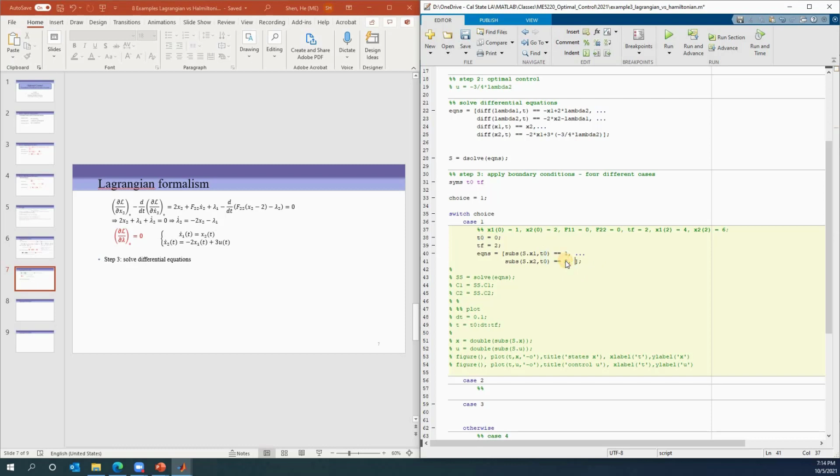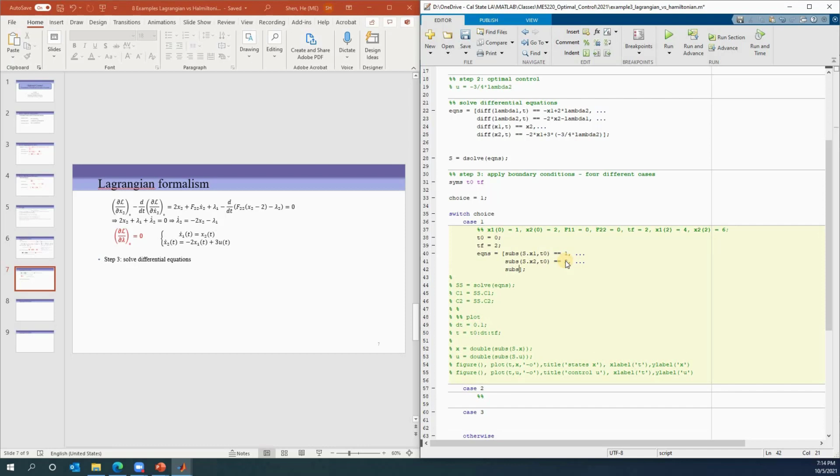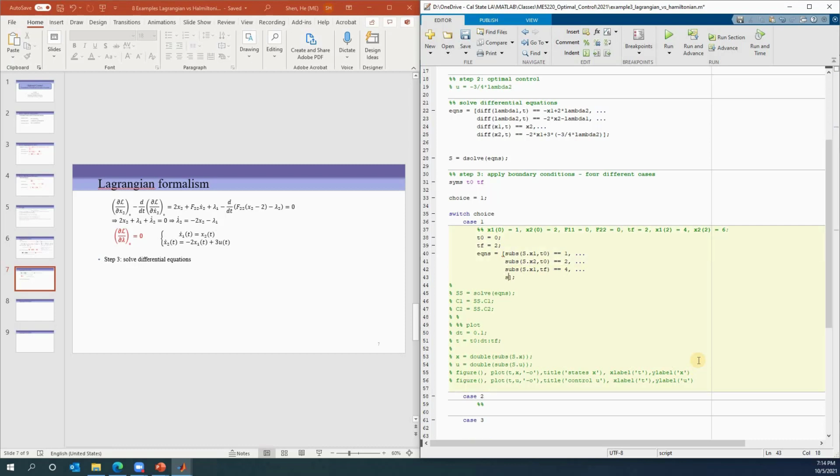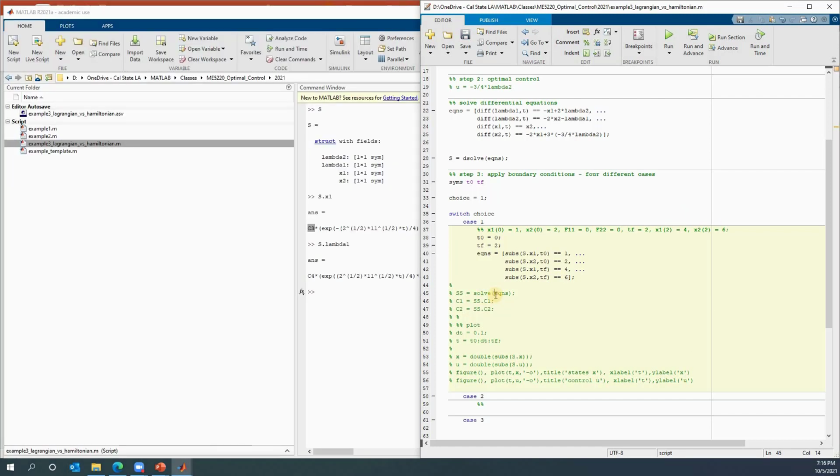And the third condition, subs x1 at time tf is equal to 4. And the last equation is subs x2 at tf is equal to 6. Let's solve these equations and see what we can get.